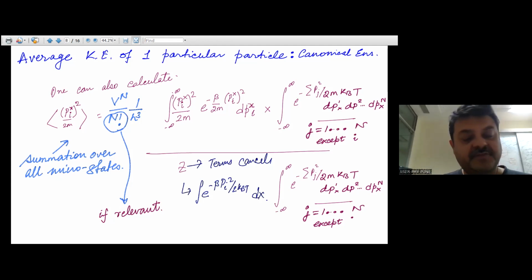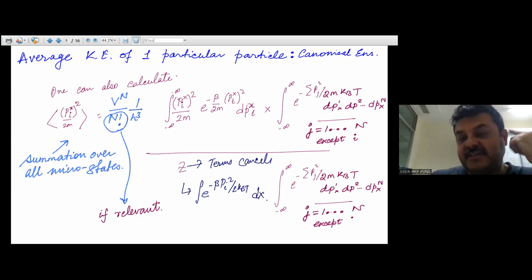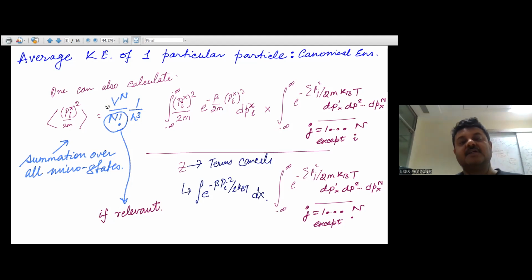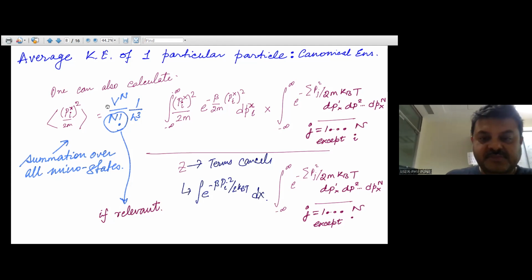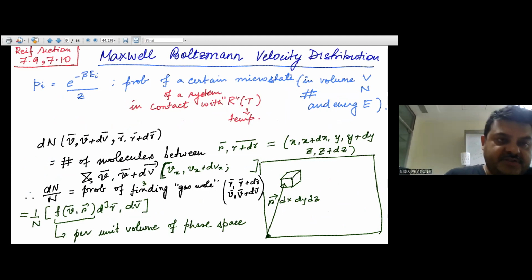You just calculate it from your partition function, and all that matters is doing these integrals, where many of the integrals will cancel. The only integral that you have to do is this divided by this. These terms like this will cancel, right? So that's the message. The next thing that we're going to do is taken from Reif section 7.9, 7.10.